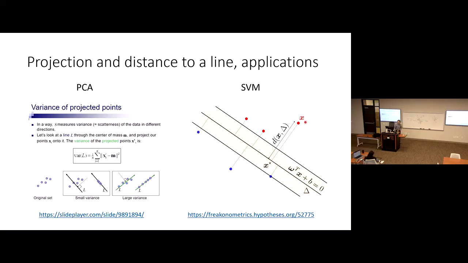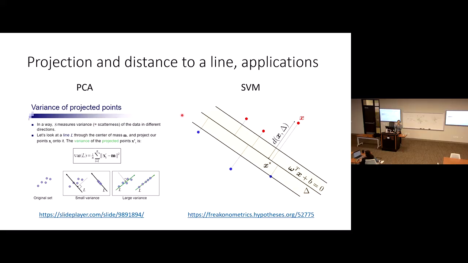So for the distance to a line, this is an SVM application. You want to find a straight line, for example, here, and you want to maximize the distance between the points you want to separate, because the SVM tries to find a cut defined by a line, which will separate two groups or clusters of points as well as possible.